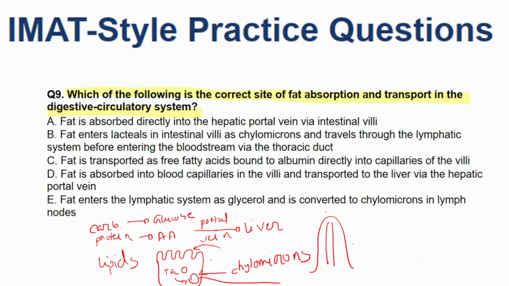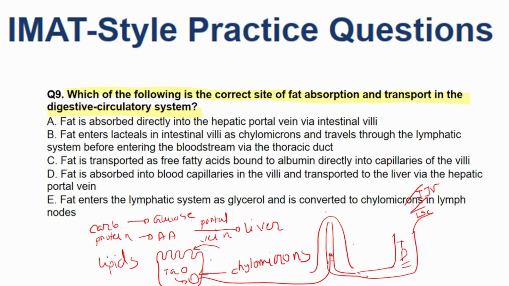Once a chylomicron enters the lacteal, it travels through lymphatic vessels, passing through the main lymphatic trunk known as the thoracic duct. The thoracic duct then empties this fluid directly into the venous bloodstream at the junction of the left subclavian and internal jugular veins.